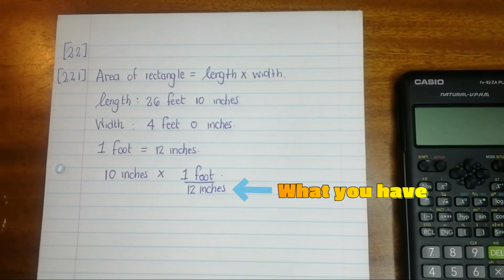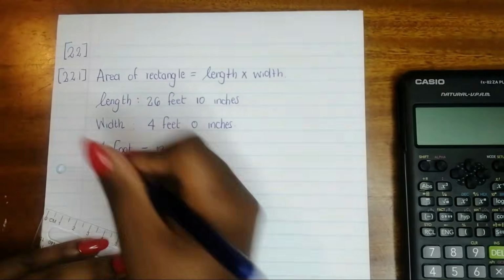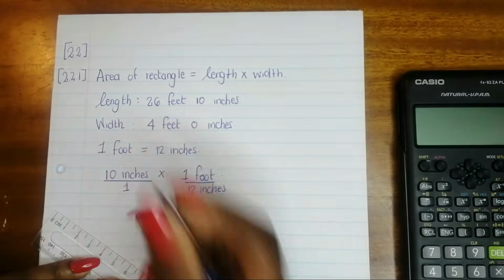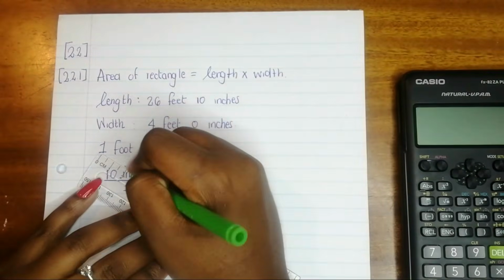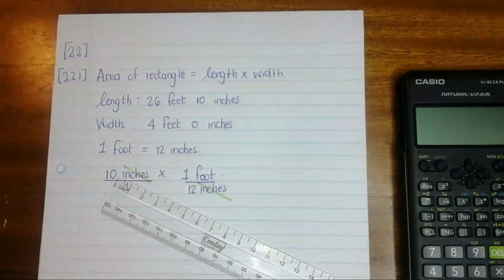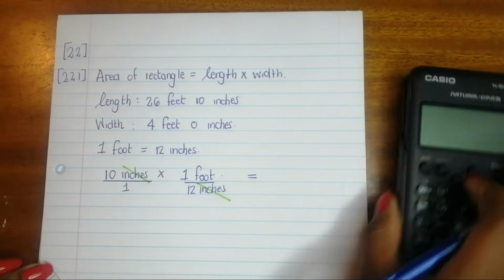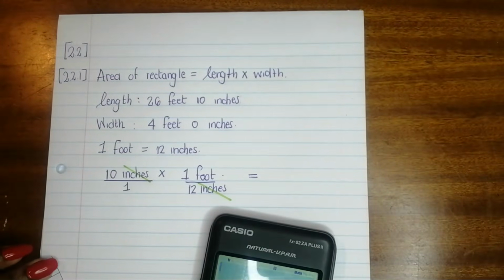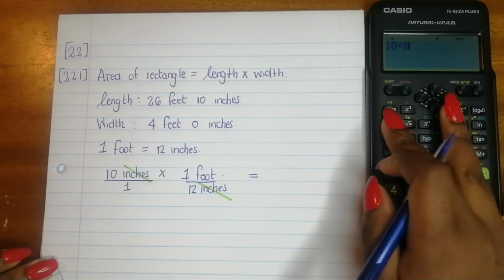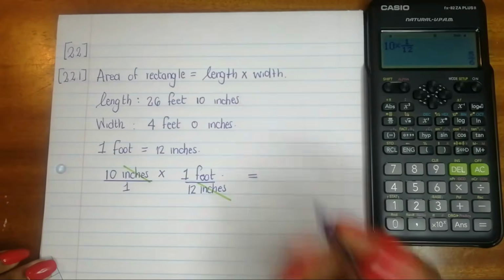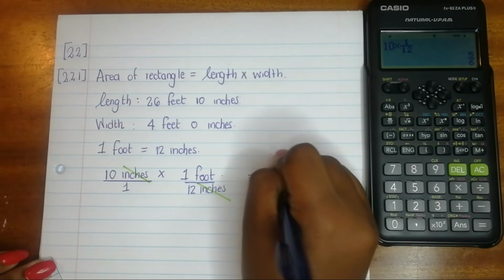When you do it like this, you'll see that 10 over 1 is the same as saying 10. The inches and the inches cancel, and you are left with the units in feet. So it's going to be 10 multiplied by 1 over 12, which I'll leave as 5 over 6 feet.